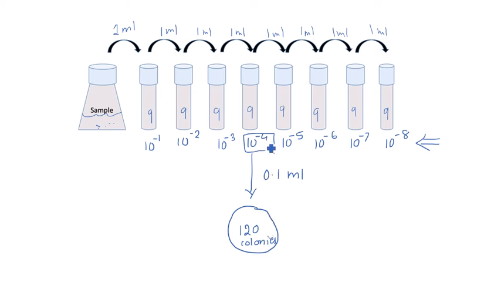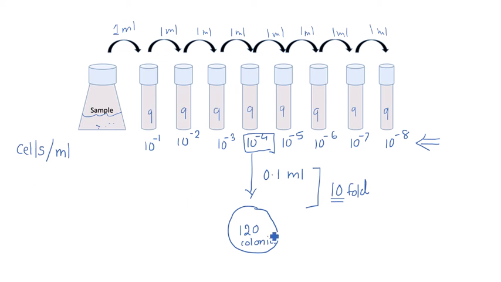So remember, because this is 10 to the power minus 4 and you're not taking 1 ml, you're taking 0.1 ml, you are going to have a fold of 10 to multiply when you do the back calculation, because your objective is to find out the number of cells per ml of the original sample.